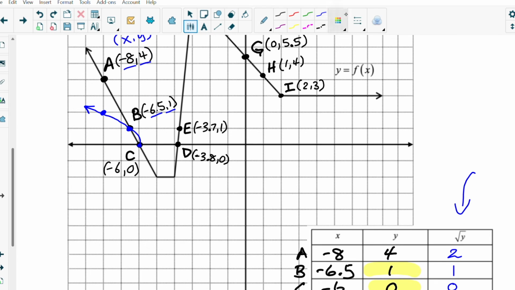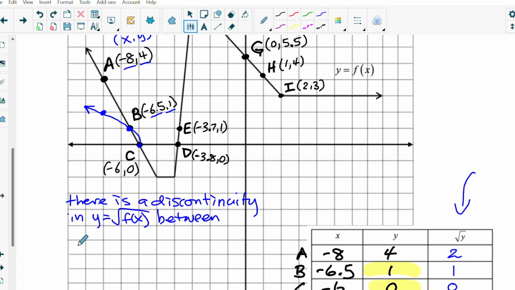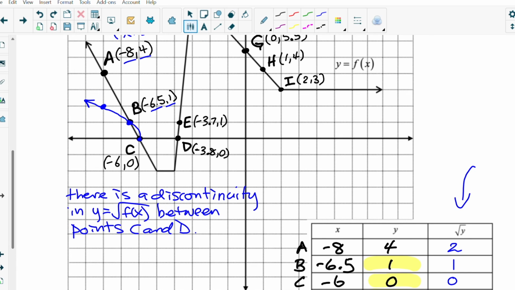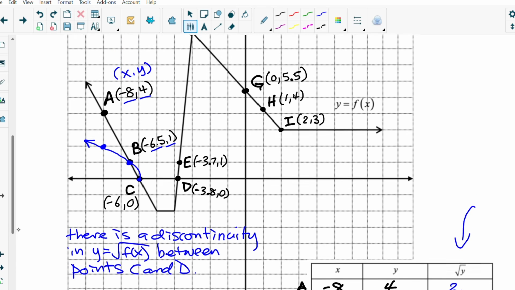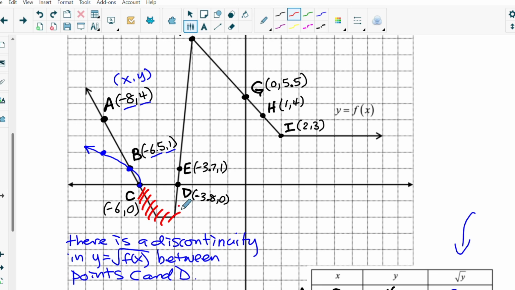Okay, so I'm going to make a note here. There is a discontinuity in y equals square root of f of x between points C and D. Okay, because we're not considering taking square roots of negatives.